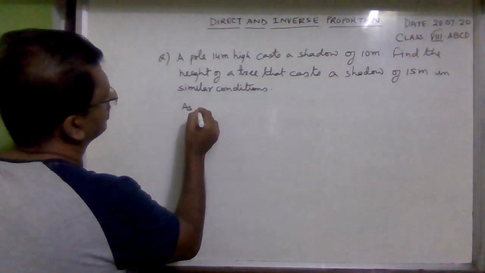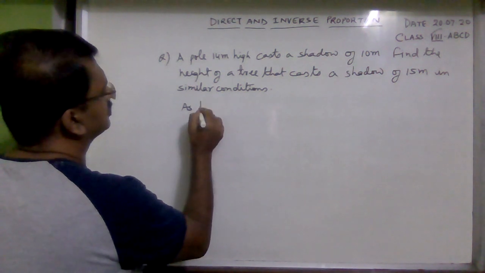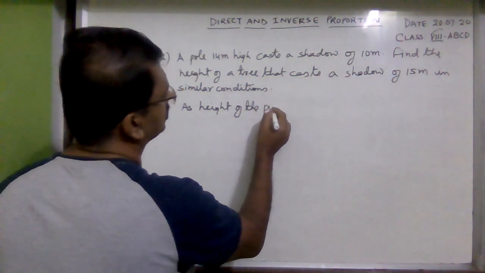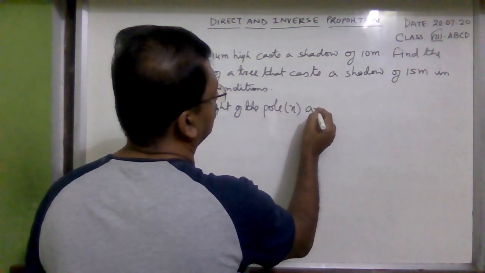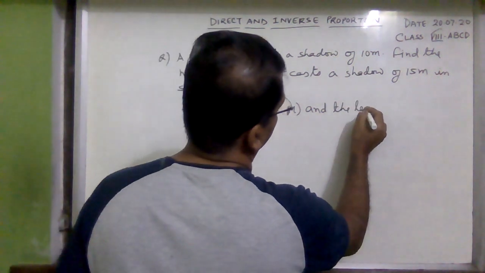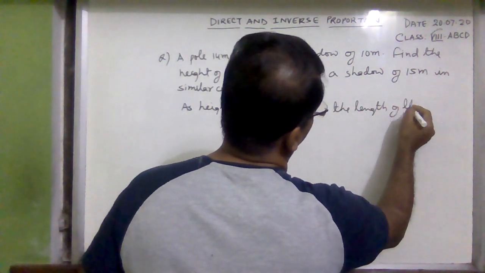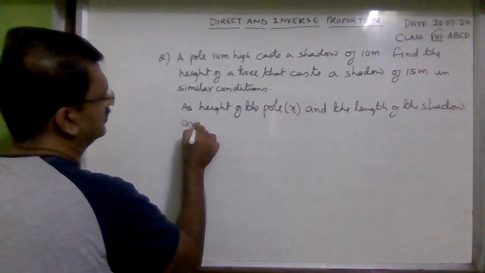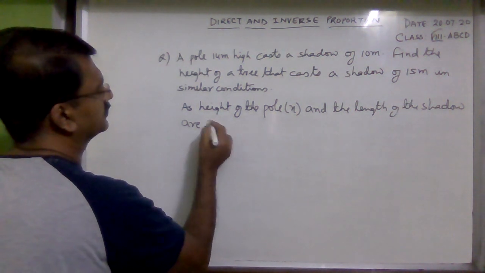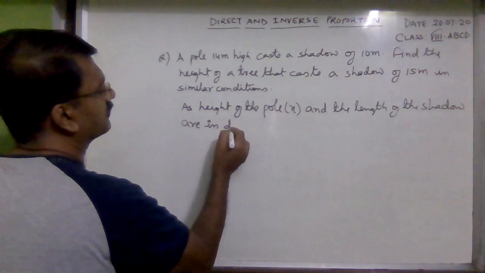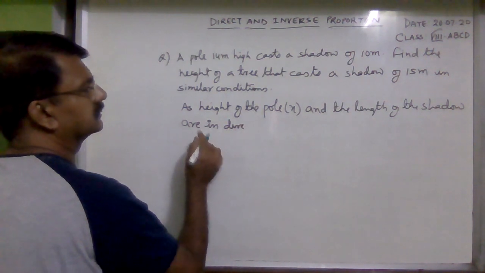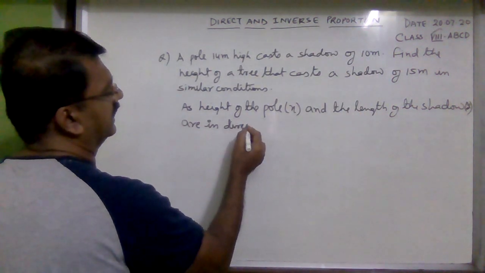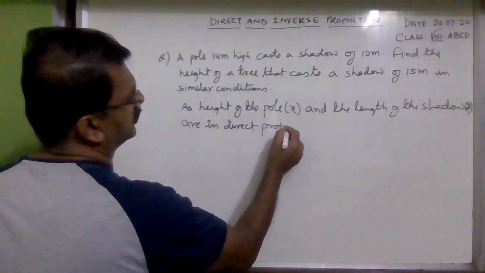As height of the pole and the length of the shadow are in direct proportion.